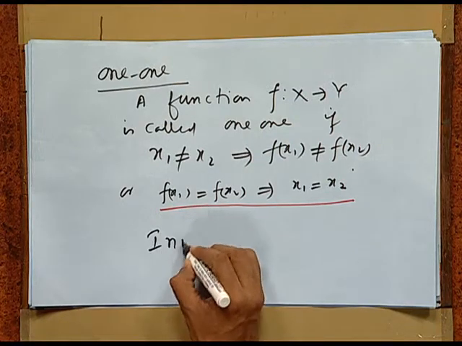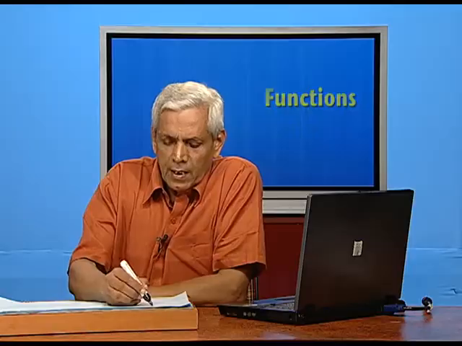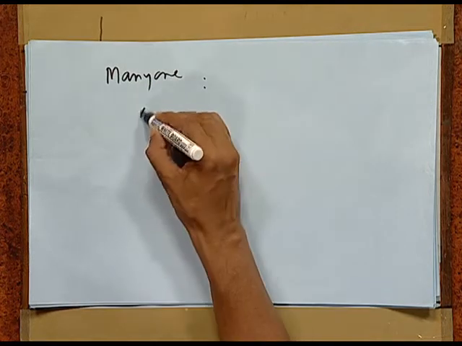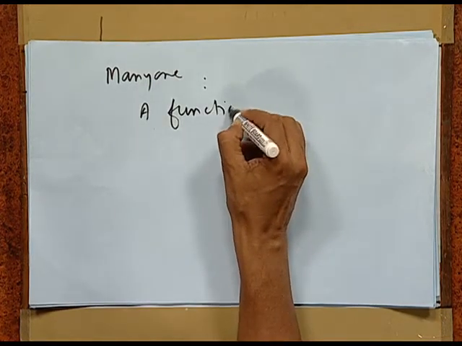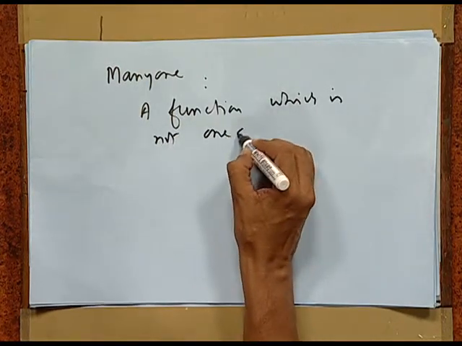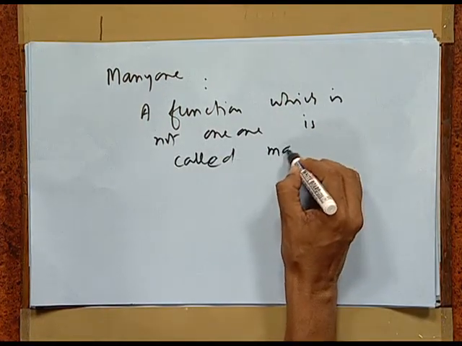As in the case of onto function, we have one more name for one-one, calling injection. So, a function which is one-one is also called injection or injective mapping, whereas for many-one function we can simply say a function which is not one-one is called many-one.